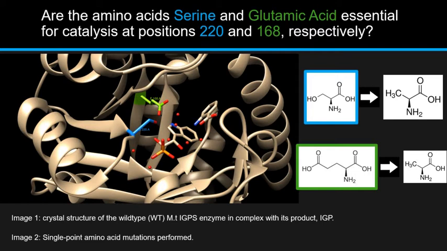Although the enzyme-product and enzyme-substrate interactions are not exactly the same, because these two amino acids are in proximity of the product, we suspect that mutating them to alanine, as seen here, would greatly decrease their activity.